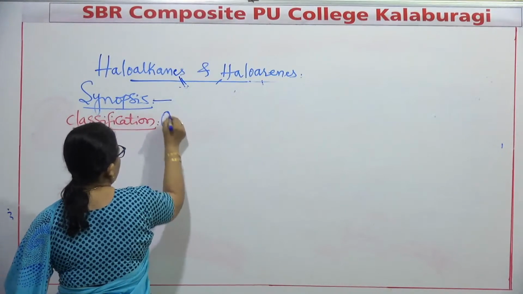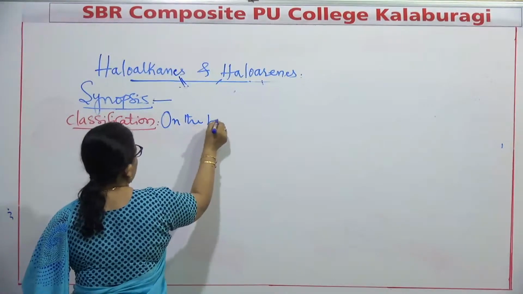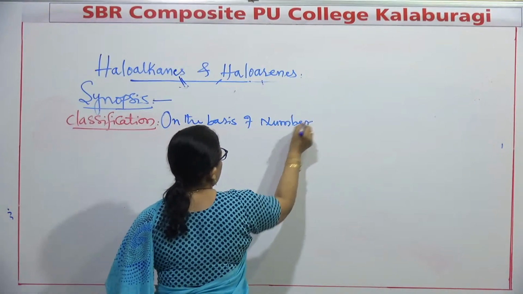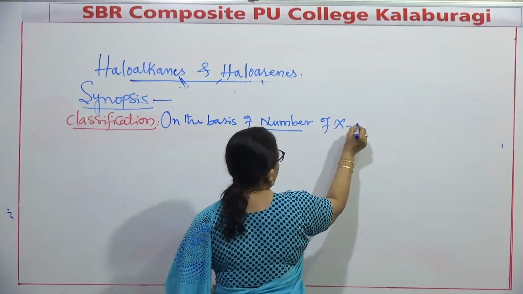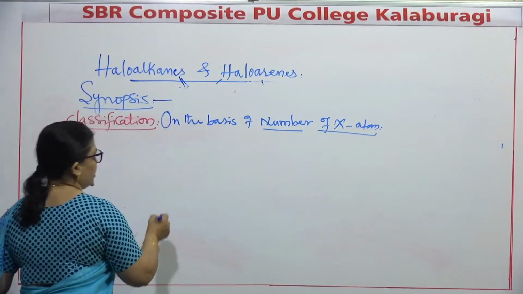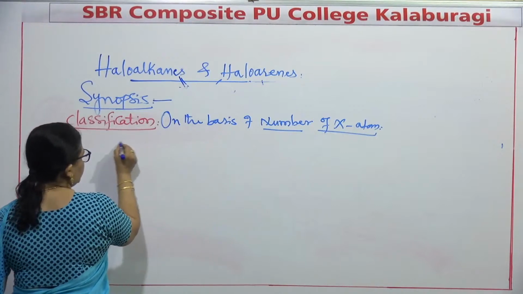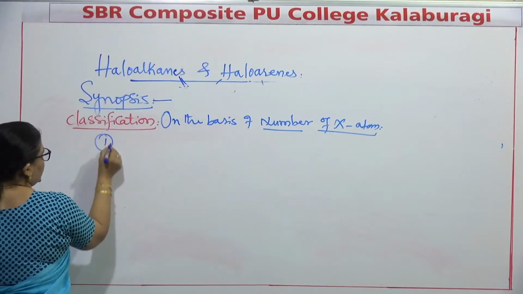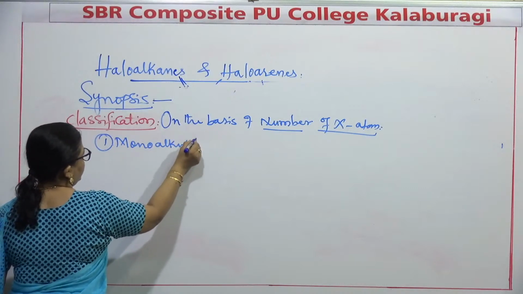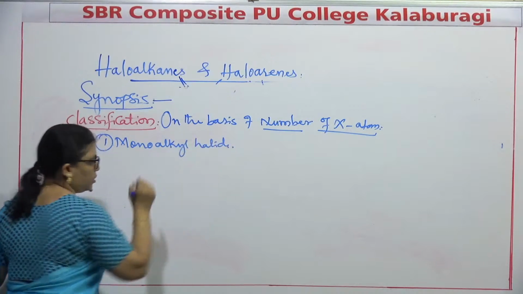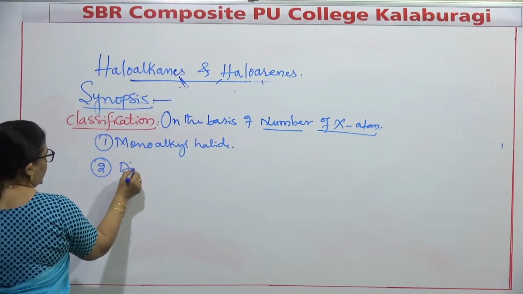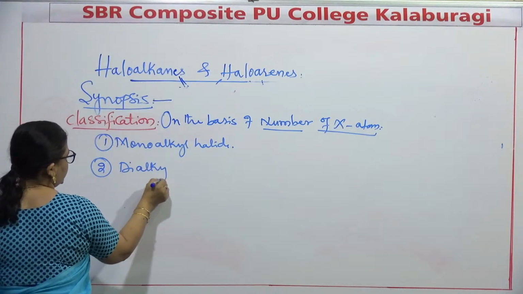On the basis of the number of halogen atoms, X atoms, they are classified as monoalkyl halide. Second one, dialkyl halide.